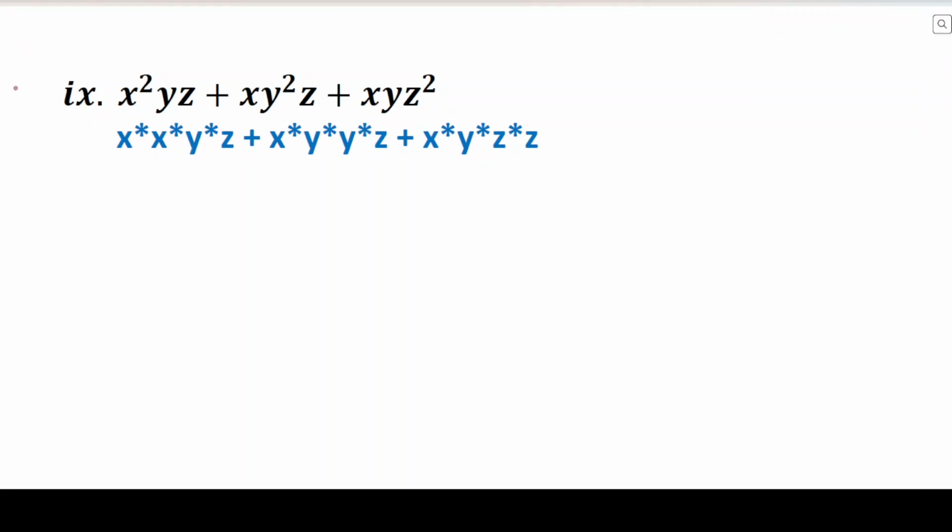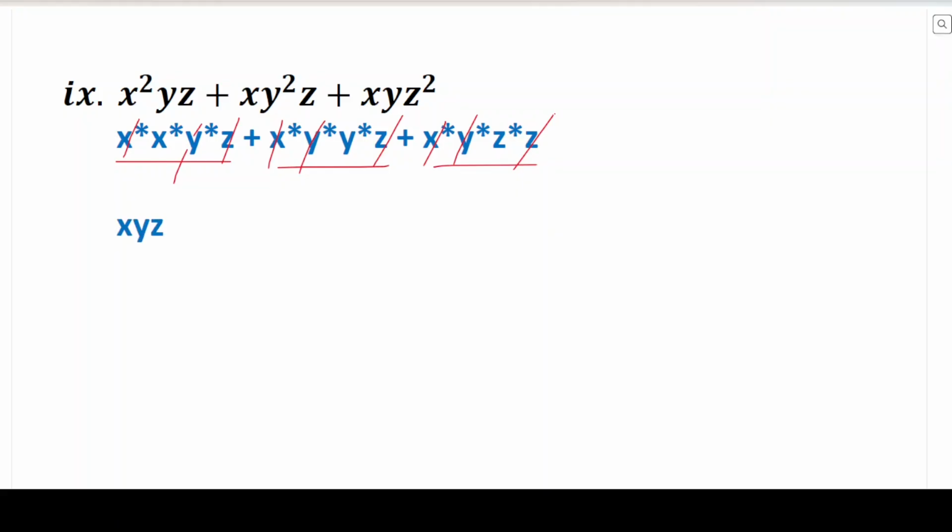x, x, x. These are the 3 terms there. From these 3 terms, what are the common factors we have to find? x repeated 3 times. Next, y repeated here, y repeated here. Next, z repeated here, z repeated here. Here, what is the common factor? xyz is repeated in the 3 terms.